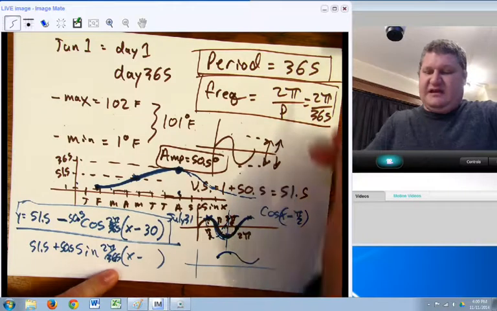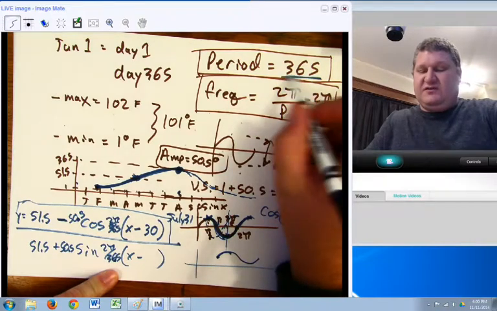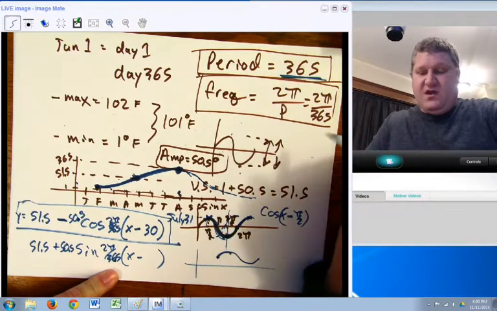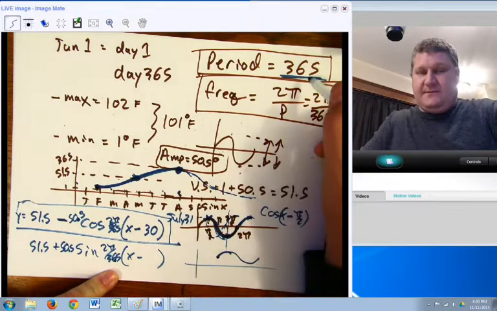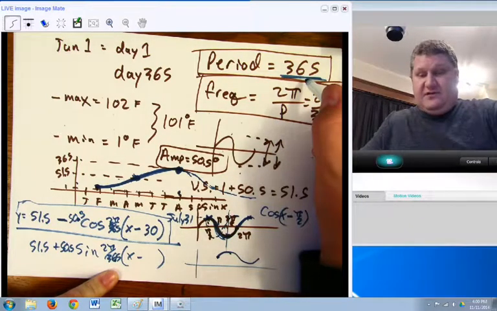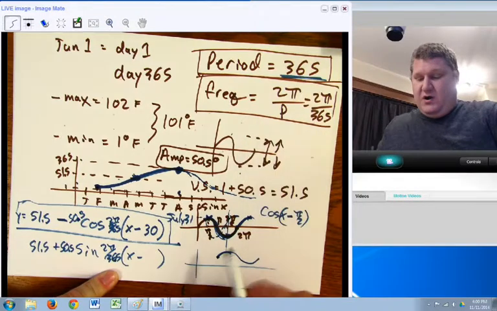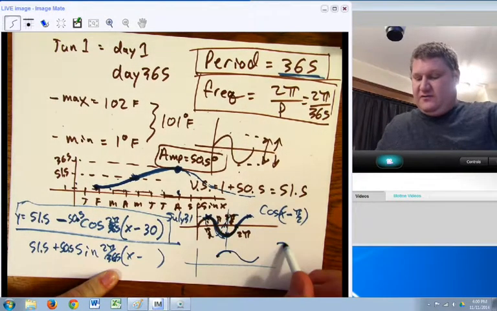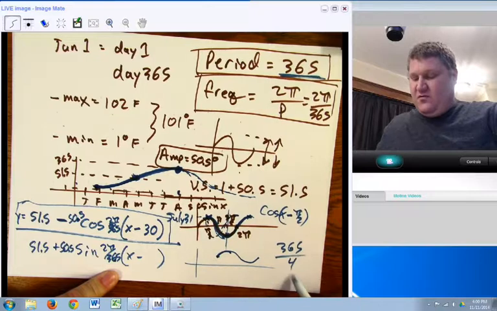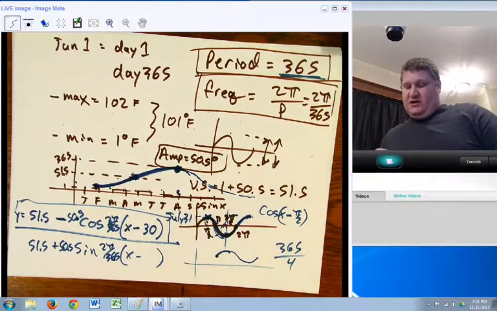The idea here is you would need to shift it 1/4 of 365, because the difference between cosine and sine is 1/4 of its period. So 1/4 of the period: if I take 365 divided by 4, you're going to come up with 91 1/4.